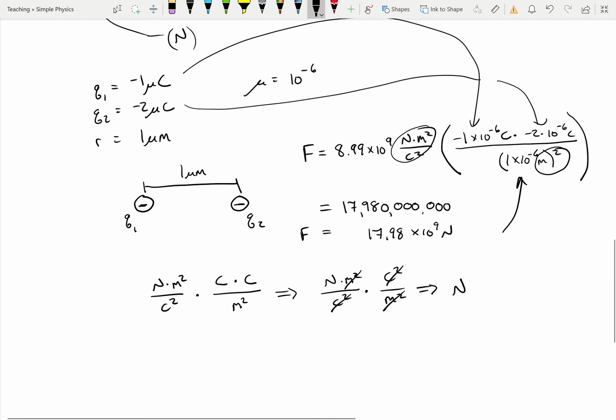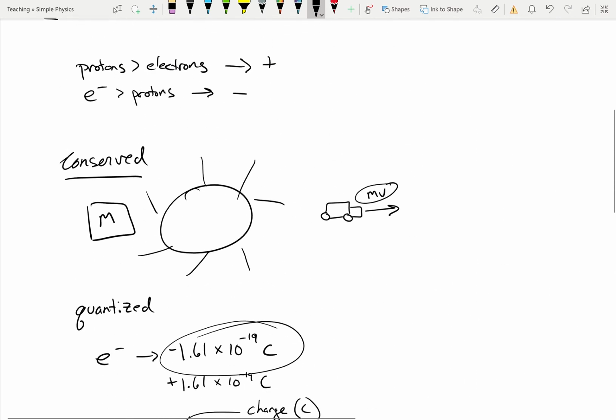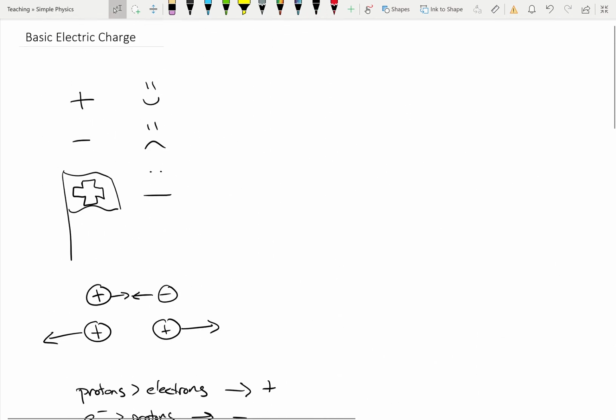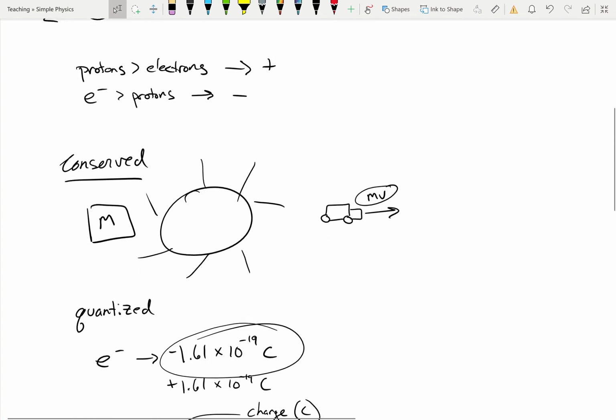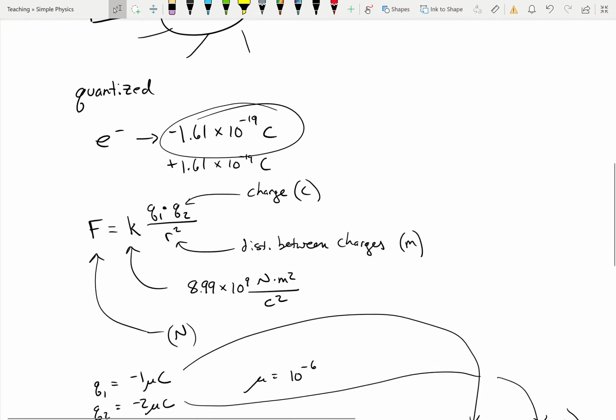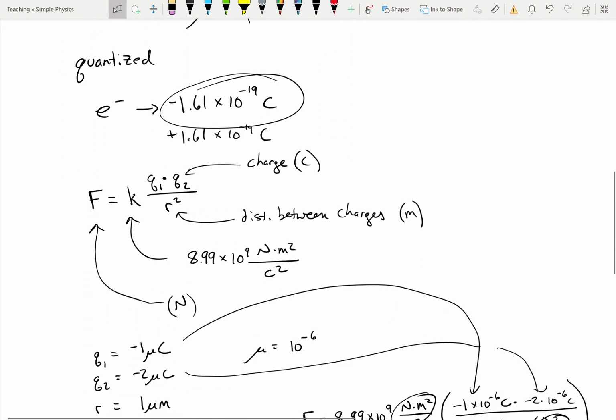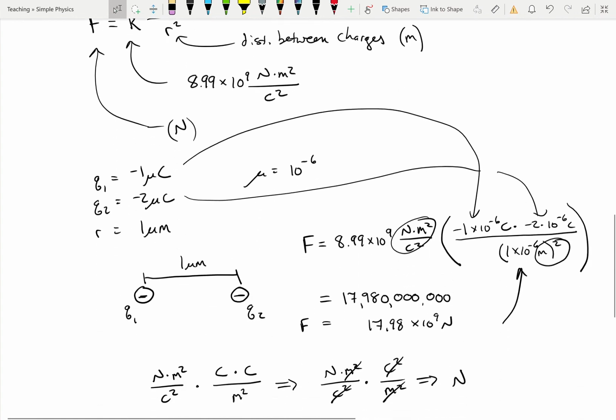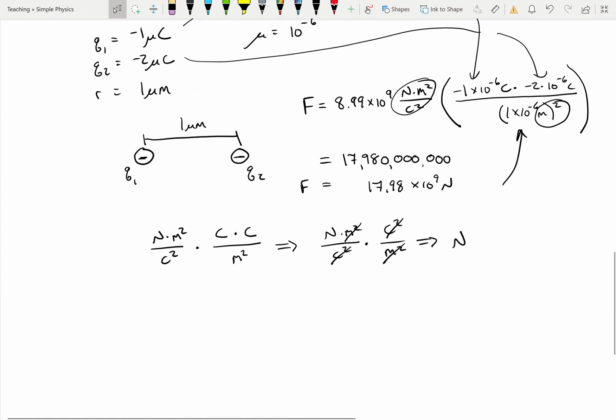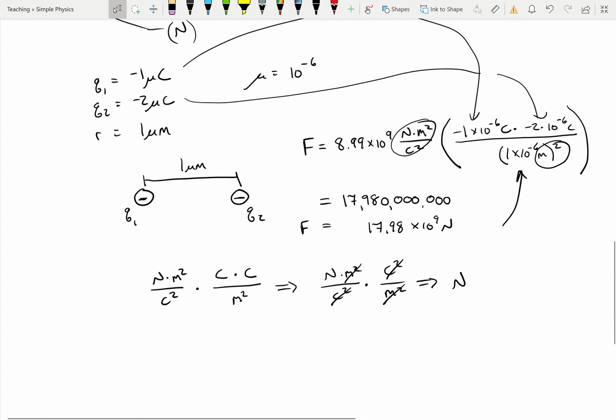So that is the basic charge. To recap, positive, negative, neutral. It is conserved at all times, can just be moved, not created or destroyed. It's quantized in that the smallest value of charge you can have is 1.61 times 10 to the negative 19th. Everything else is a multiple of that. And then our example problem with 2 charges.